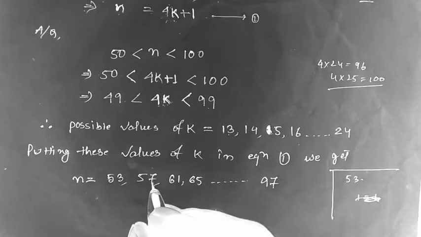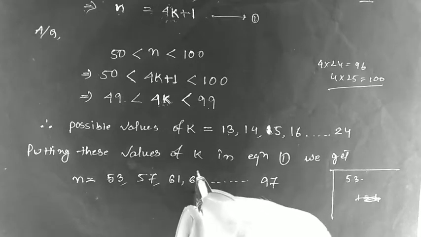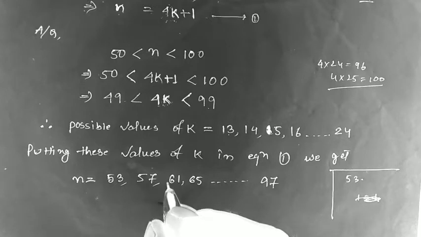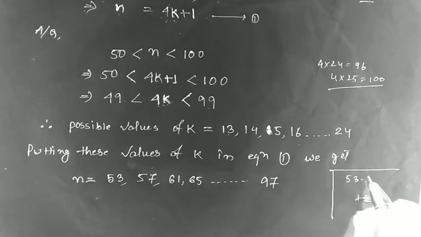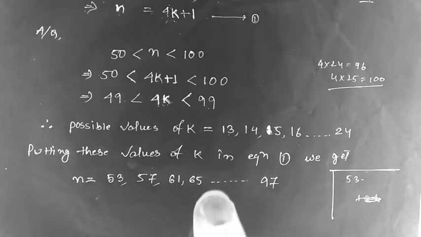Again 57, if we subtract 1, it becomes 56, which is also divisible by 4. If we subtract 1 from 61, 60 remains, so 60 is also divisible by 4. So these are the possible values which are congruent to 1 modulo 4.